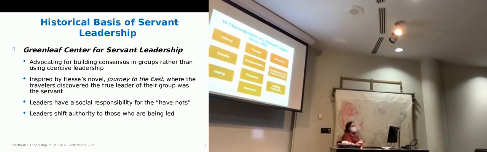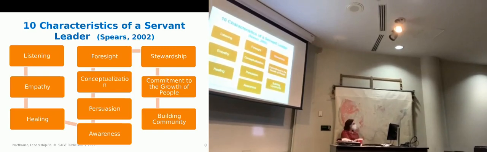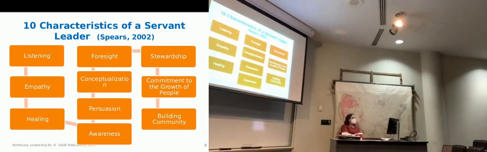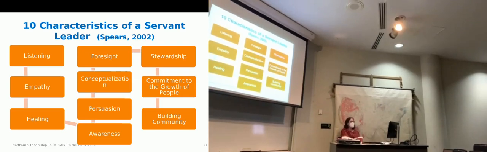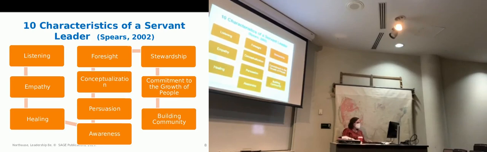So there's really 10 characteristics, which is interesting. We just said we're looking at it as a behavior, but then they call it characteristics in the book. I love it when they contradict themselves. But if we look at what these characteristics are, they actually are behaviors. 10 of them that we say embodies servant leadership.